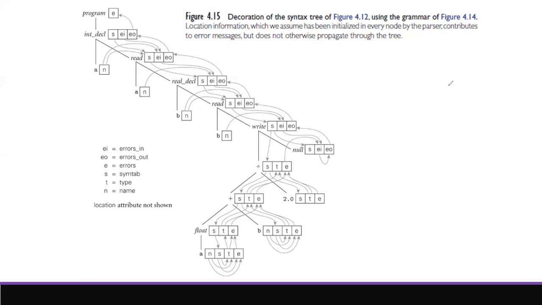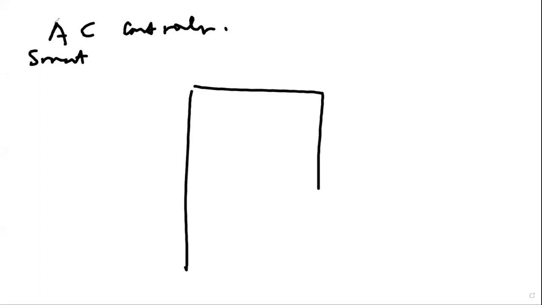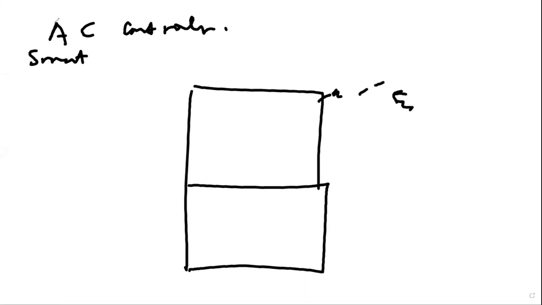For example, if for the term project you work on something like a smart AC controller, you have your house, whatever house you have, and you have a thermal sensor, a temperature sensor, that can sense temperature. You have a smart monitor here.